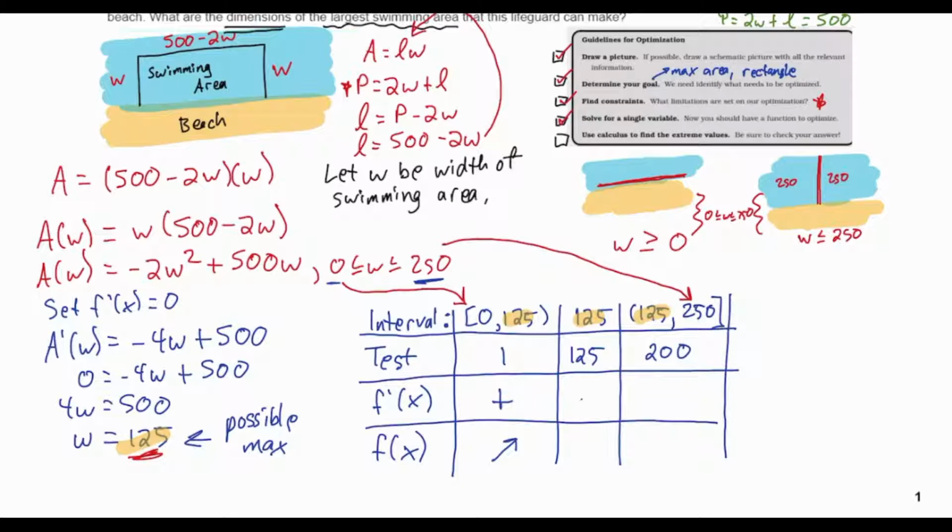Yes, it equals 0, which means my graph is neither increasing nor decreasing at that point. And evaluating the function for 200, we get a negative value, which means my graph is decreasing. So therefore, this is a max.